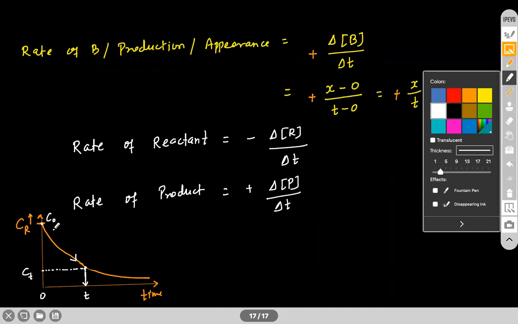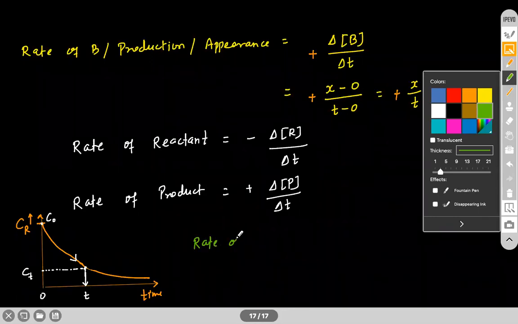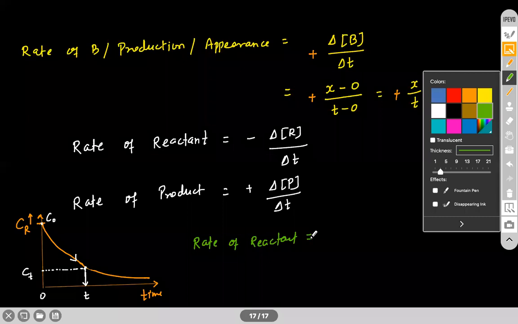So with this graph, if I ask you the rate of reactant, what is your answer? Tell me. First of all, when I say rate of reactant, you should simply think about this: minus of change in concentration of reactant by time. First of all, you should write this, then only you start thinking. Then what we have?